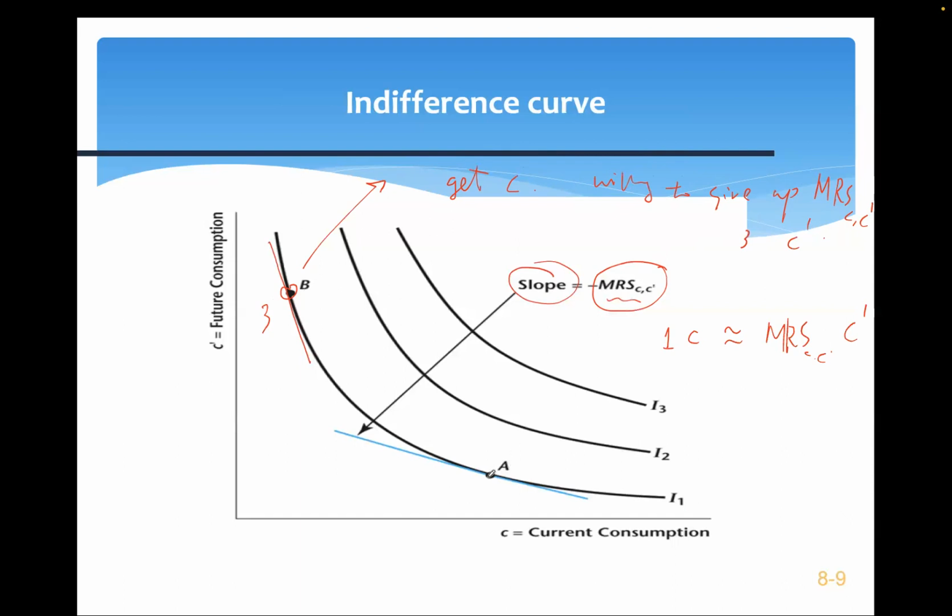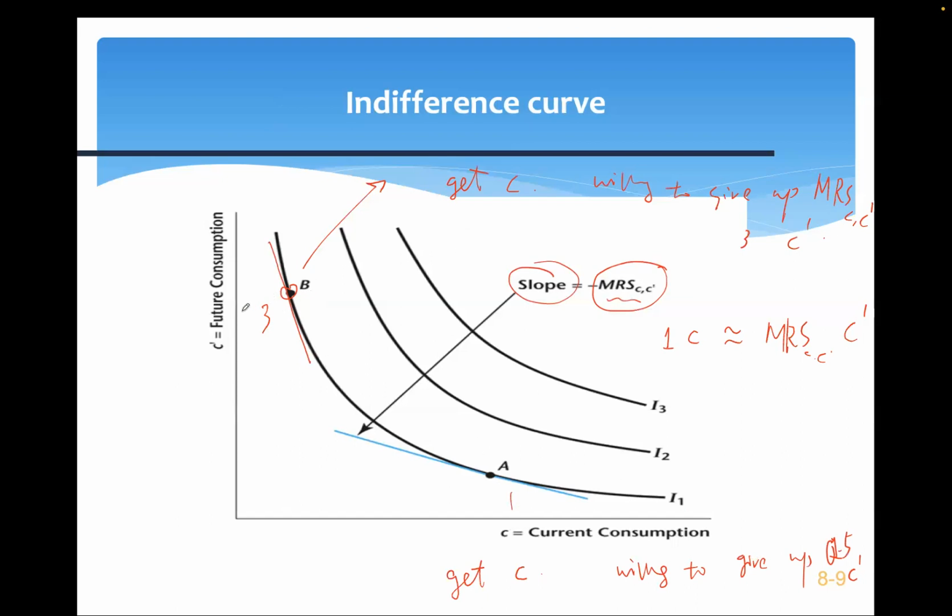Now here, this is going to be very flat. So in order to get C, we need to give up maybe 1 unit of C prime or even less, 0.5. Okay? And that's how we understand the difference. So here, this means you really care about C compared to here, right?